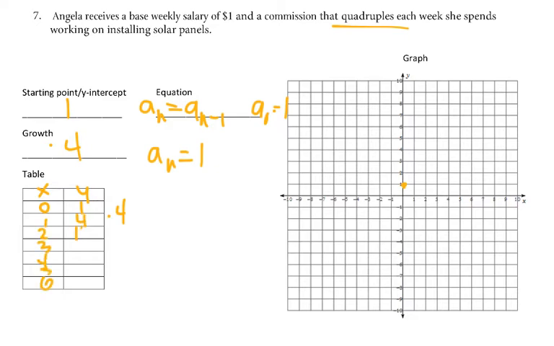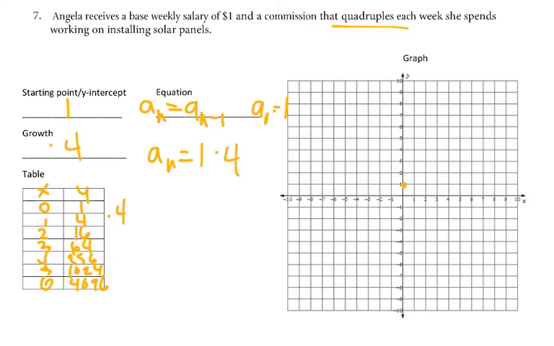So 4, 16, 64, 256, 1024. So if she does it 6 times, 4,096, not too shabby.